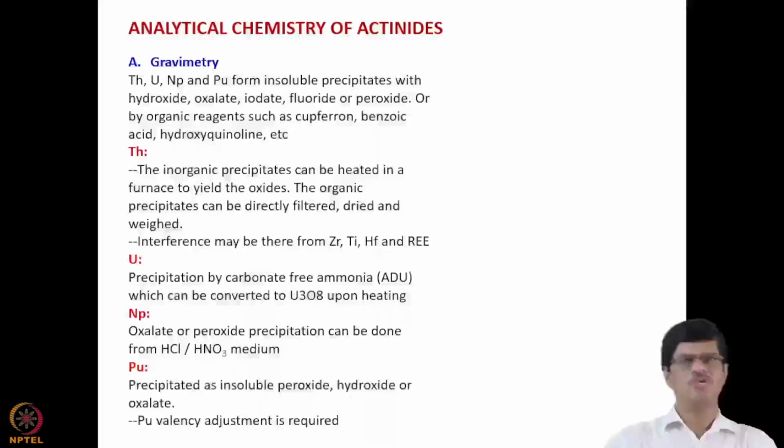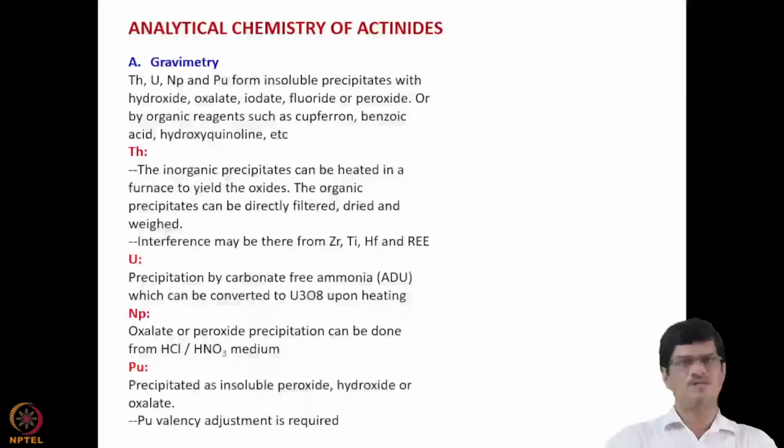Neptunium, in this case in the +4 oxidation state, can be precipitated as oxalate or peroxide from hydrochloric acid or nitric acid medium. Same way, plutonium 4+ can be precipitated as its insoluble peroxide, hydroxide or oxalate.